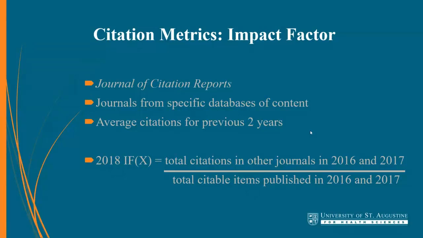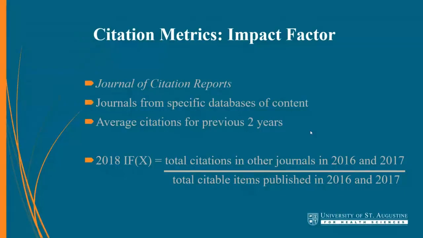Divide that by the number of items that were published in there that could be citable, and by that they usually mean actual articles as opposed to maybe a book review or an editorial or something like that. A lot of times journals will publish things that aren't necessarily citable, and those are not counted. So it's really just the average number of citations for the previous 2 years. That's a pretty simplistic one.